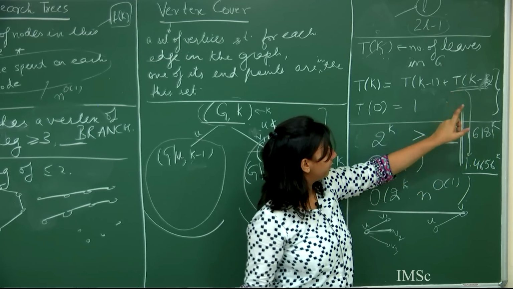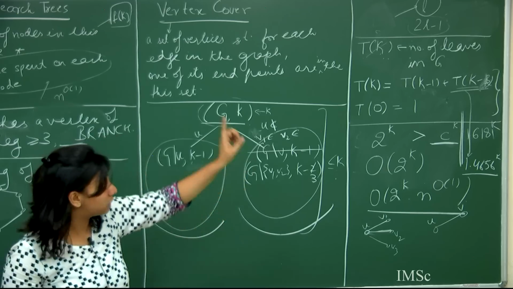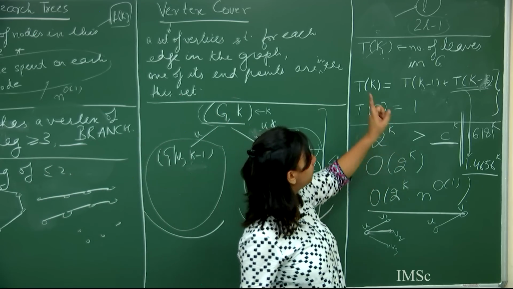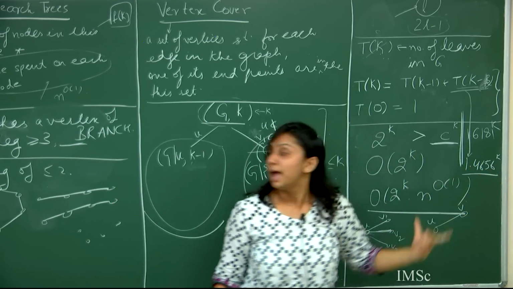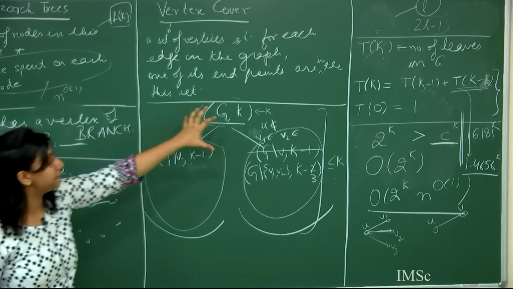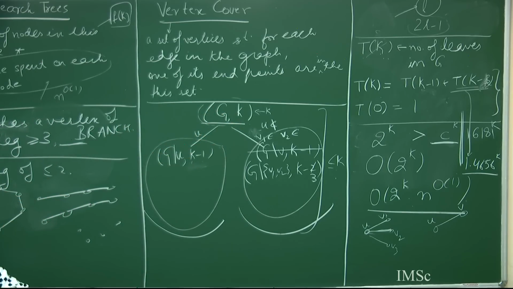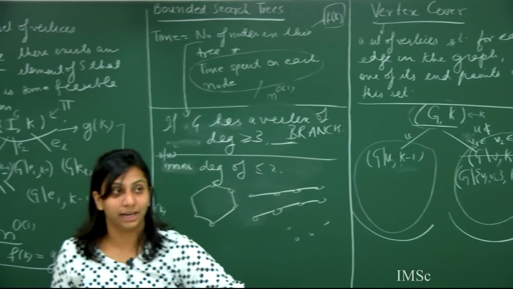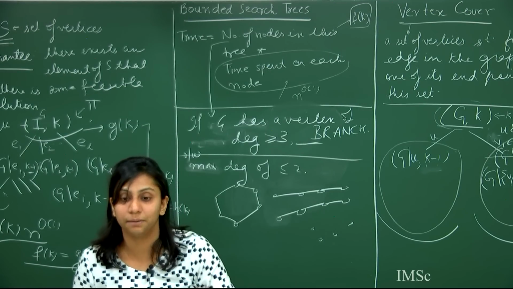I'm not going into it right now. And this is strictly better than that. So what have we concluded? We have concluded that the number of nodes in this tree is of this order. Now the time spent on each internal node is the same, because you just look for a vertex of maximum degree, of degree at least 3, and branch on that vertex.